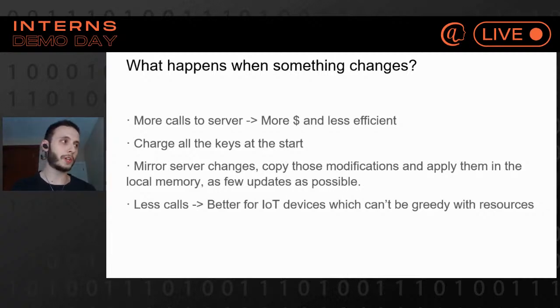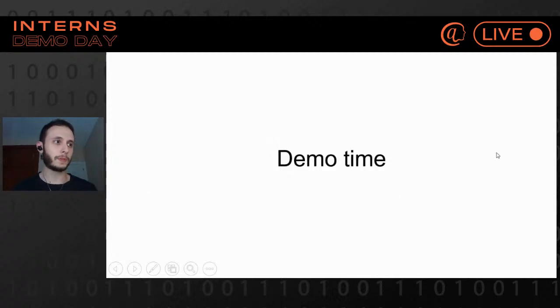So what I do is search all the keys at the beginning of the program, and I try to mirror those server changes, copy those modifications and apply them in the local memory, as we want to do as few updates as possible. And yeah, fewer calls definitely means better performance for IoT devices, which can be greedy with the limited resources they have. So this is definitely a good way to proceed.